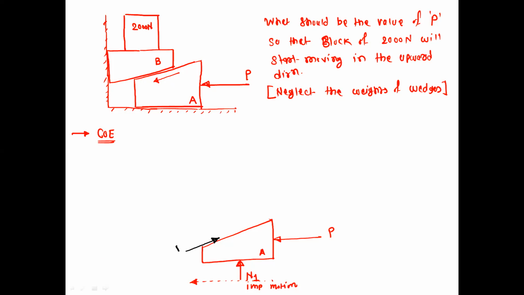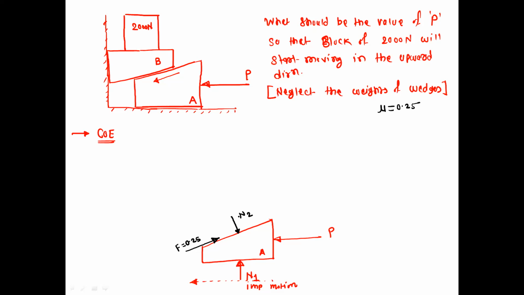This value F is equal to, the coefficient of friction for all the contact surfaces, mu, is 0.25, so F is 0.25 into the normal reaction at this contact surface. Let us take this normal reaction as N2.